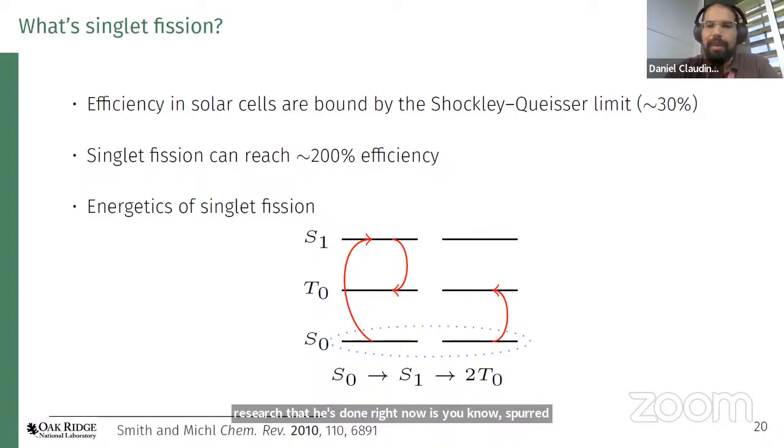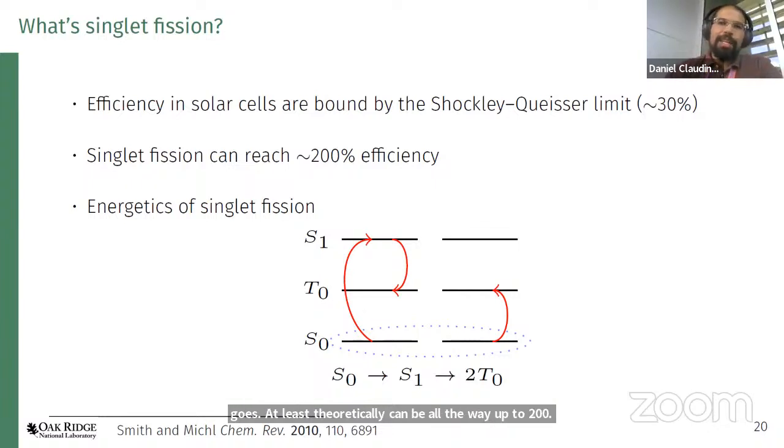To have a standard single p-n junction solar cell, the efficiency is bound by the Shockley-Queisser limit, which means you get about 30% of your incoming photons being converted into charge carriers. Now, with the singlet fission approach, this efficiency can, at least theoretically, go all the way up to 200%. So that's a huge improvement.